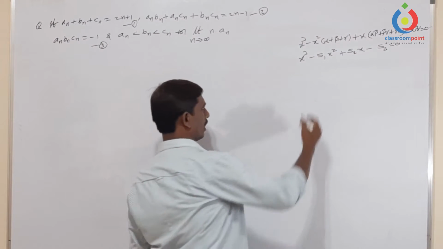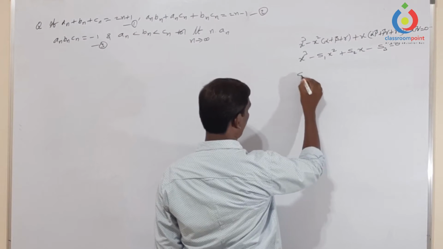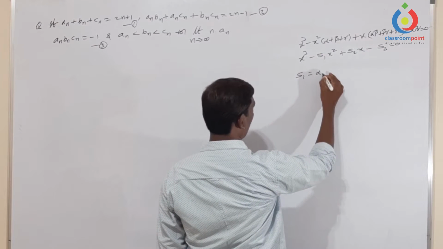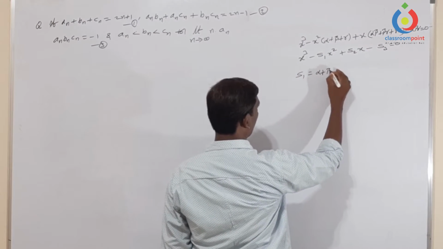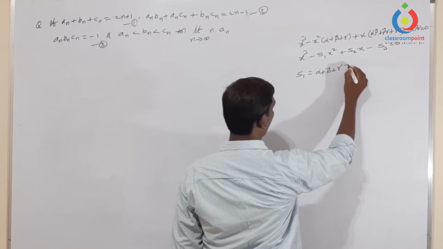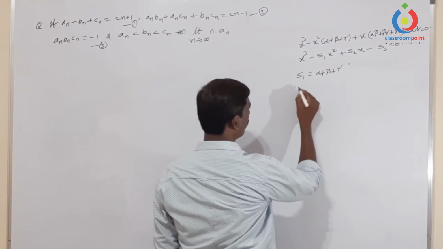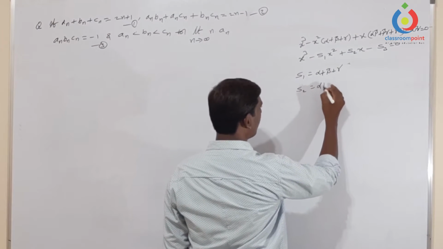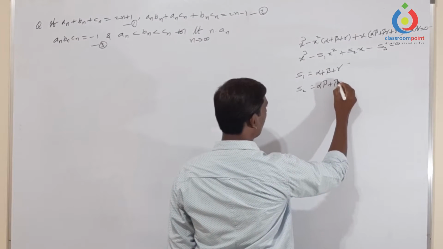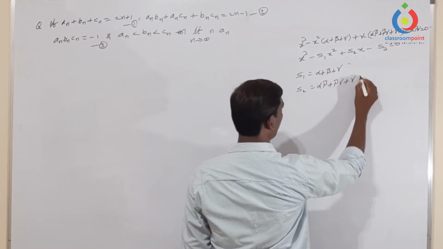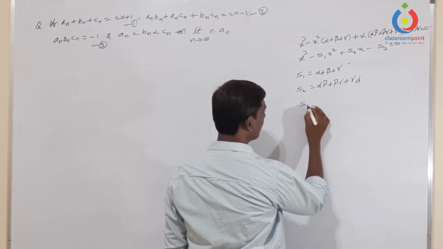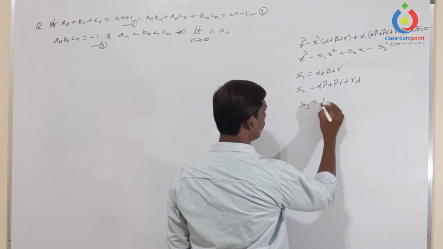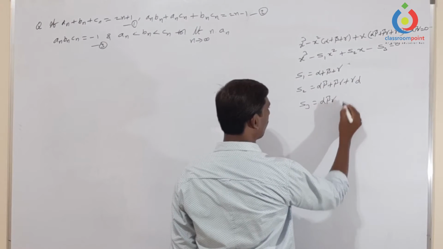What is S1? Compare these both. S1 is equal to alpha plus beta plus gamma. S2 means alpha beta plus beta gamma plus gamma alpha. S3 means the product of the roots, alpha beta gamma.